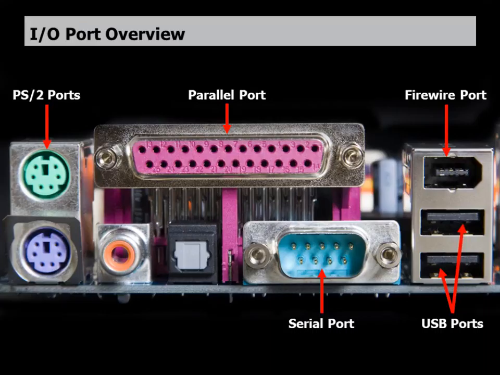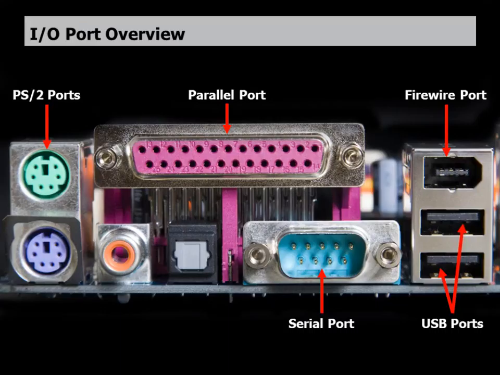There were a number of different things that we would plug into a serial port. And by the way, speaking of pins, if you look at the parallel port and the serial port, you should notice a little bit of a difference. The parallel port is just a grouping of holes, basically. It's got 25 holes. Whereas the serial port, you'll see it's 9 actual pins sticking out.